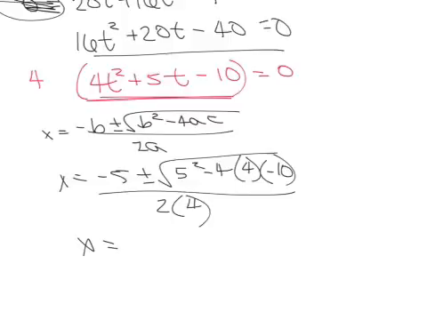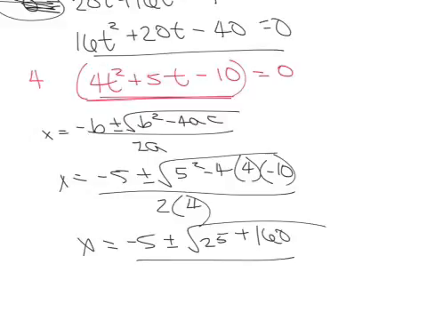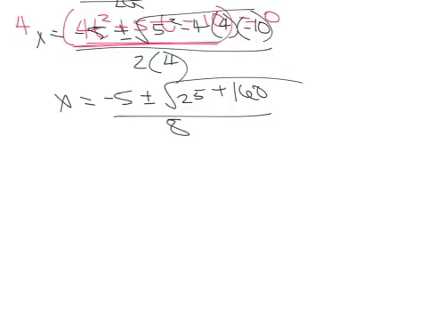So x equals negative 5 plus or minus the square root of 25 plus 160 all over 8. I'm quick like a chicken, huh? Is negative 5 plus or minus 160 and 25, the square root of 185 all over 8.